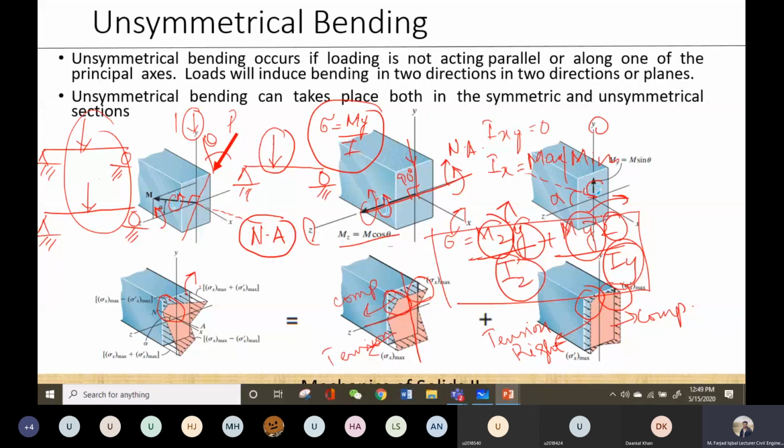When we solve this, we will get a plane where both stresses are zero, which may not be exactly at 90 degrees to the plane of loading. It will be at some angle to this plane. The conclusion is that in symmetrical bending, we know the bending is taking place around one axis, so it is perpendicular. But in this case there are these three factors and two types of moments involved. So theoretically it can be at 90 degrees, but practically it is not, because many factors come into place.